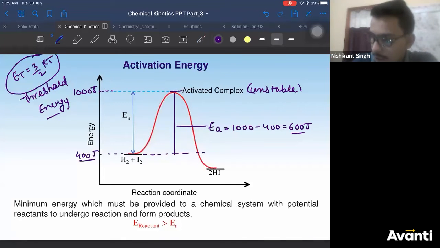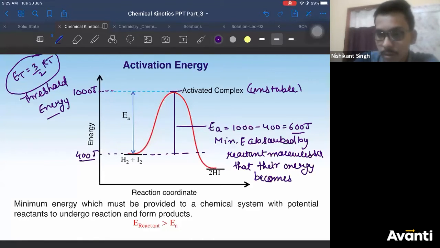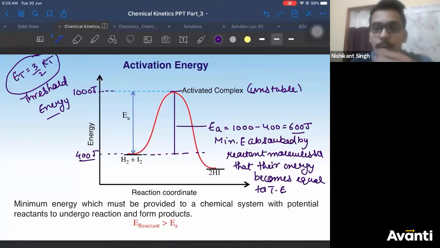So let me write it over here. Activation energy is the minimum energy absorbed by reactant molecules so that their energy becomes equal to threshold energy, right?